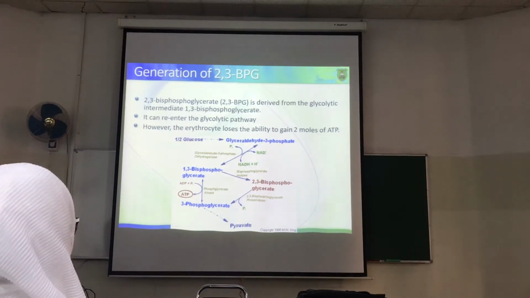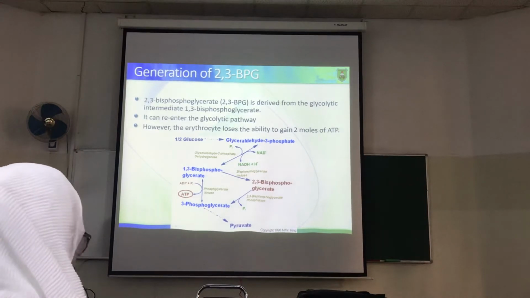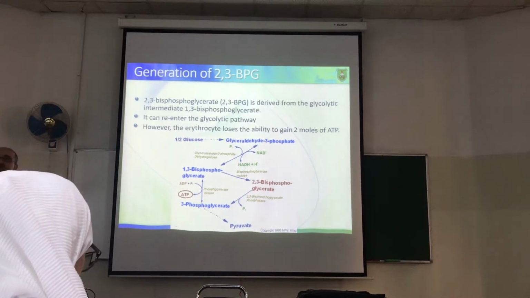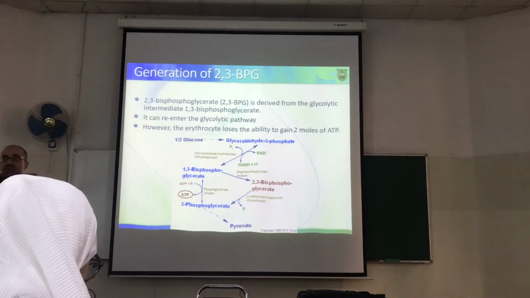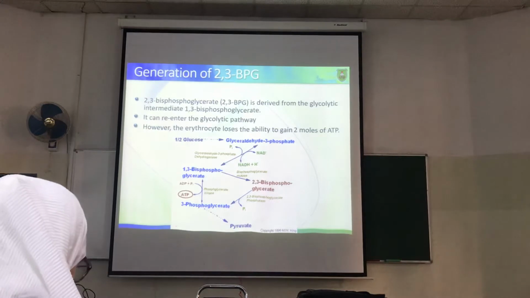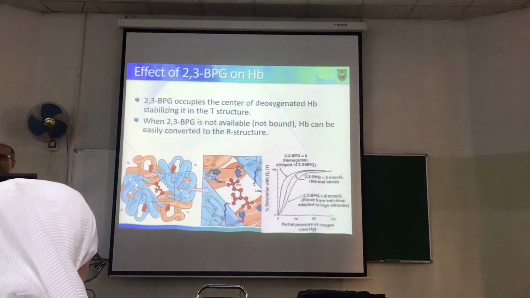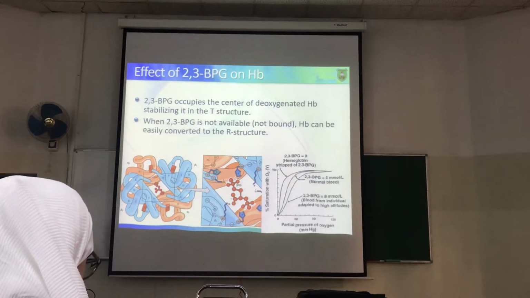But 2,3-bisphosphoglycerate is important. We talked about it before in the second lecture, regulation of hemoglobin. And we said that what it does is that it reduces the affinity of hemoglobin towards oxygen so that oxygen is released readily, quickly, easily, that is. So how does 2,3-bisphosphoglycerate bind to hemoglobin?